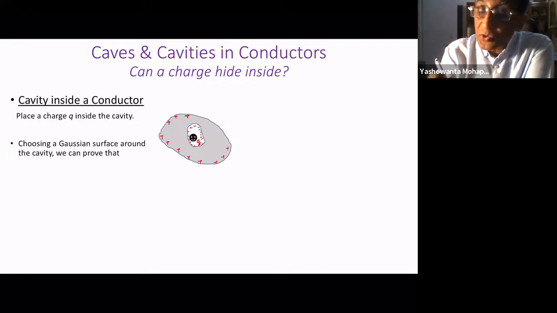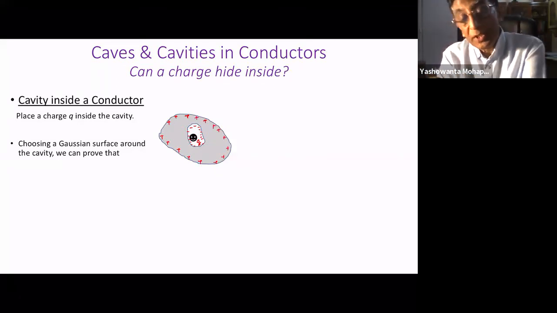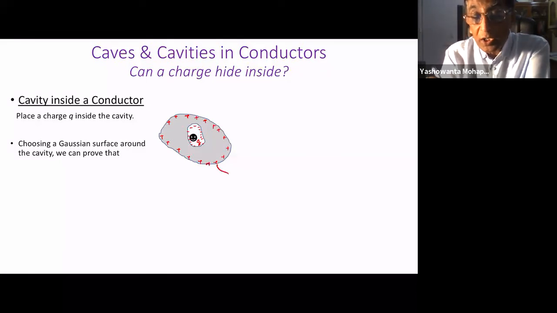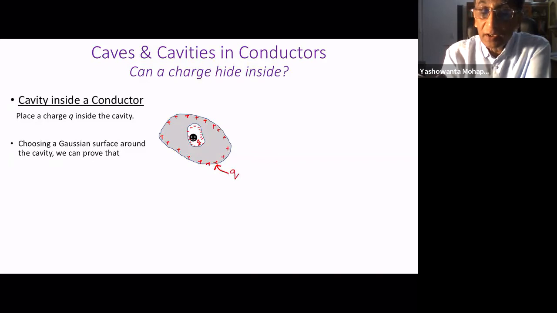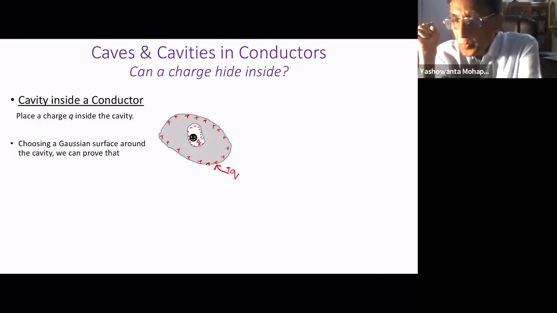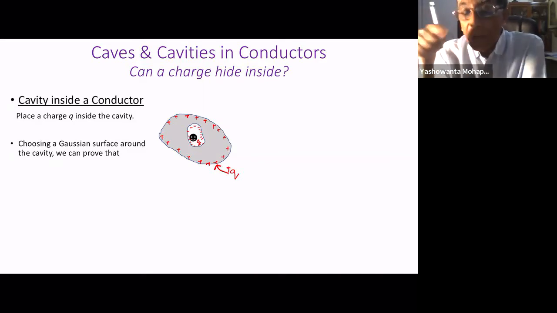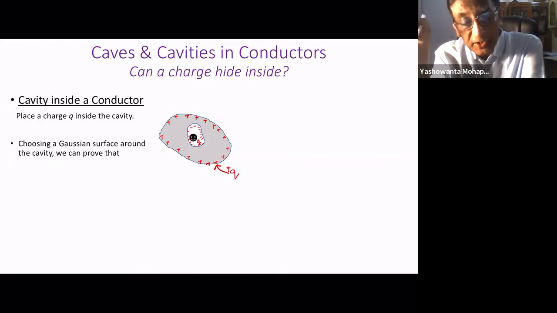Now how it will get distributed depends on the surface. But the total charge that will be on the surface will of course be plus Q. So though we do not know where the charge is, the fact that an extra charge is there in the cavity does get communicated to the outside world.